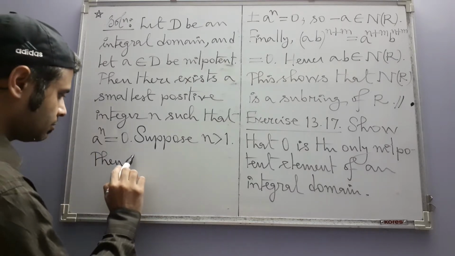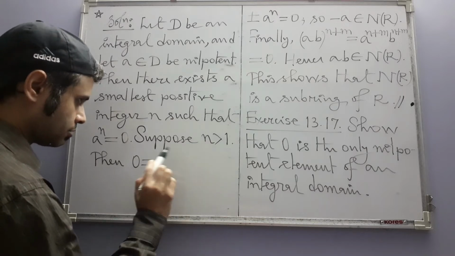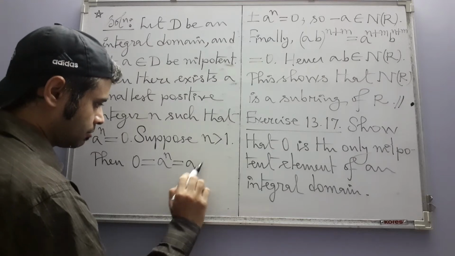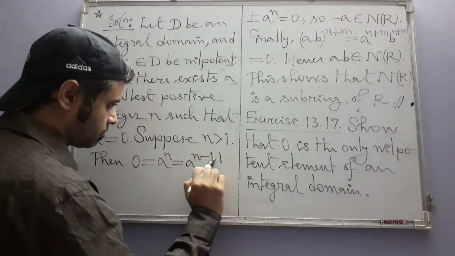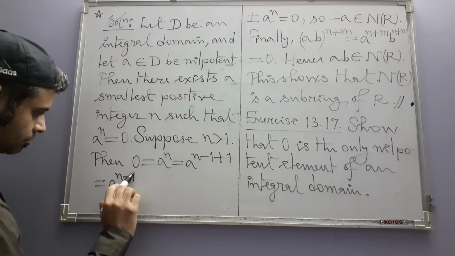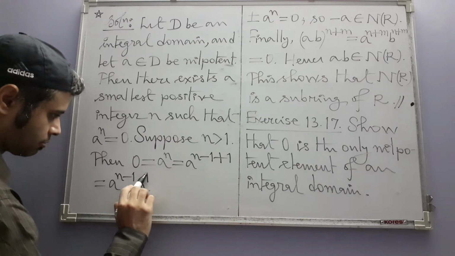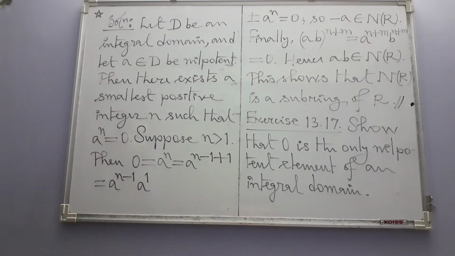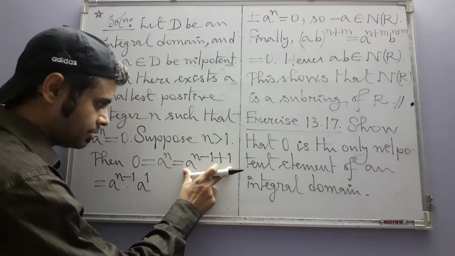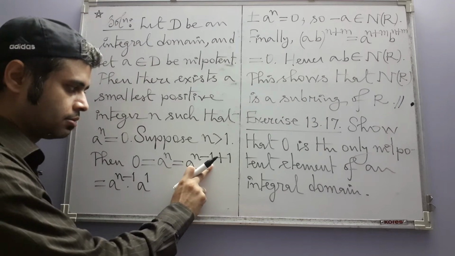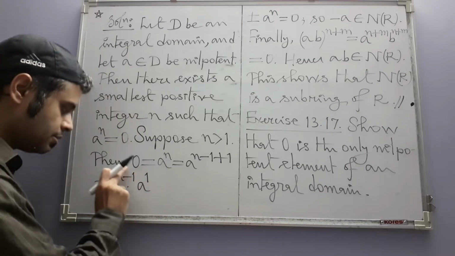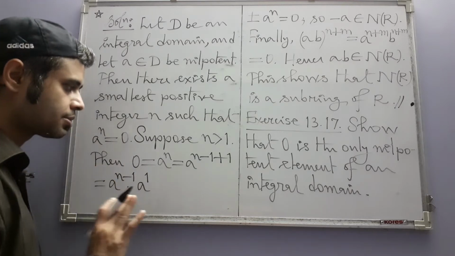Then from this equation and those rules of exponents that we were mentioning back then, we get this. And we have been able to write this product in place of this because n minus 1 is a positive integer, and that is why this power in particular makes sense.